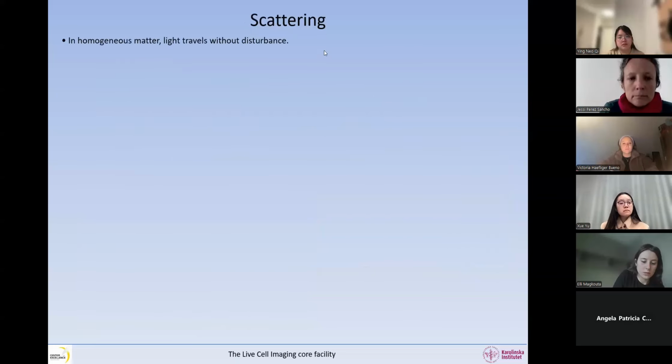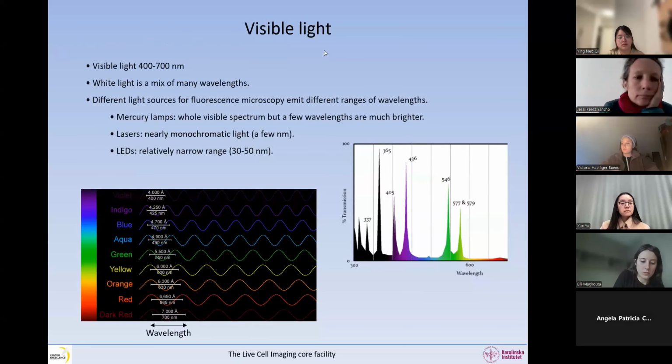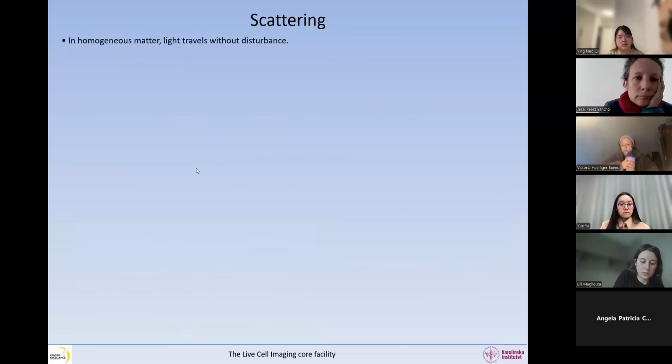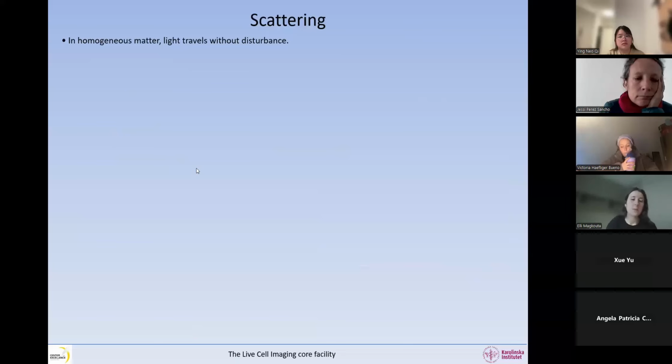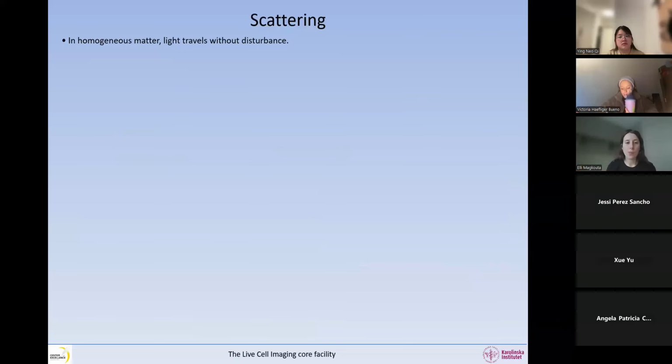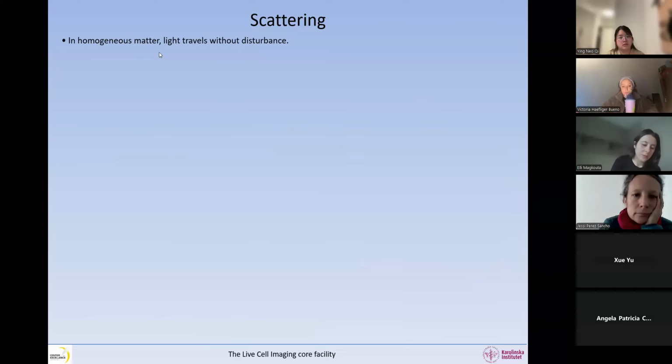So now I want to mention several things that can happen when we shine light on our samples, on our microscopes. One of them is scattering. In a homogeneous sample, if we have a sample that is the same everywhere, light travels without disturbance, okay?